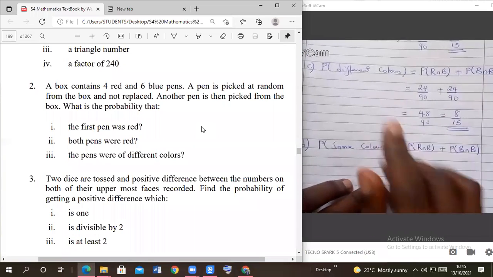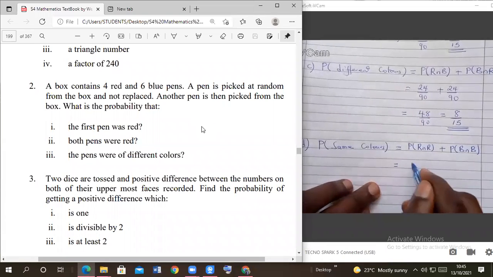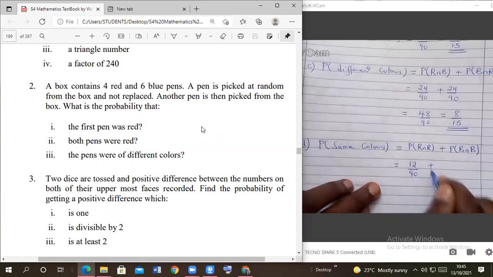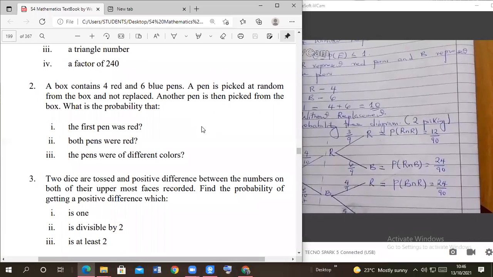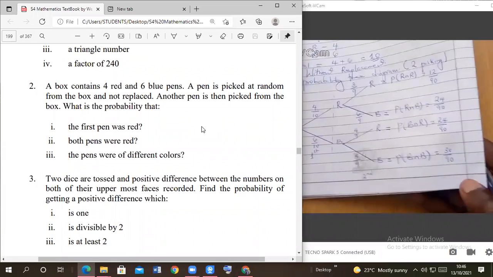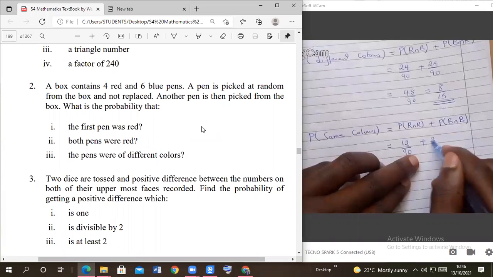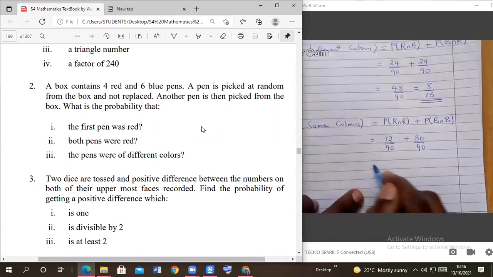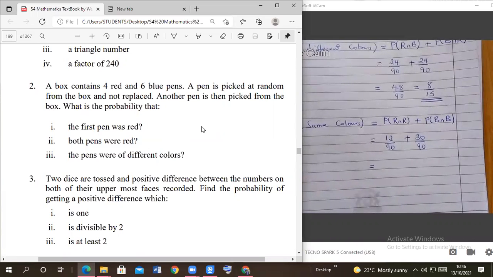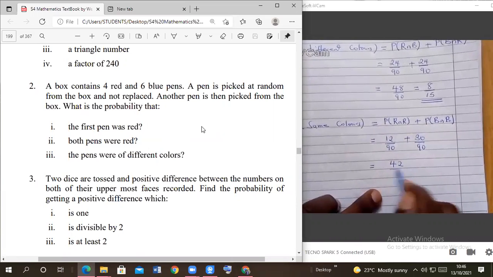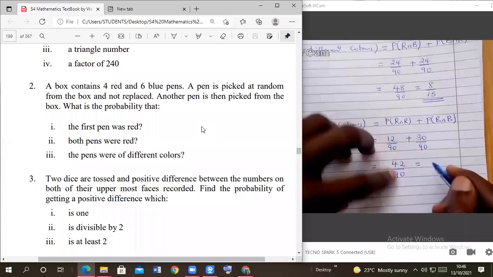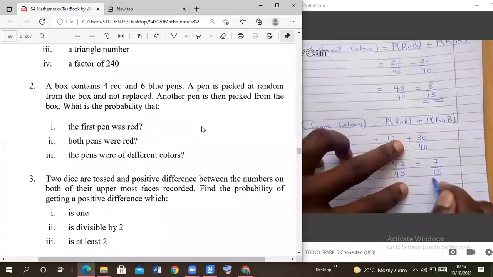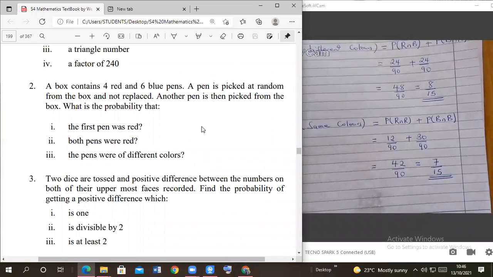Red and red was 12 out of 90, plus blue and blue, we got 30 out of 90. This will give us 42 out of 90. 42 divided by 90 would give us 7 out of 15.